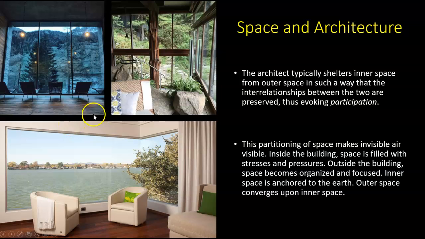So if you just take a look here, this particular building was designed so inner space is designed thusly, and then this window frames outer space in a way that brings your focus to it, right? Same with a room like this.